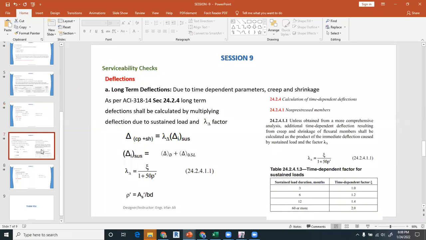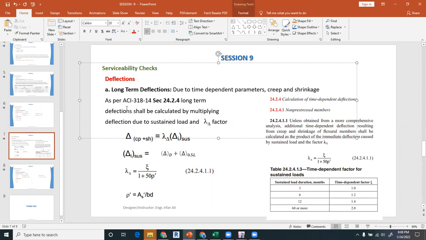The next one is the long-term deflections, and it is a little bit tricky and hard to understand compared to the short-term deflections. The long-term deflections are due to the time-dependent parameters, which are creep and shrinkage, and all of you know what these are.